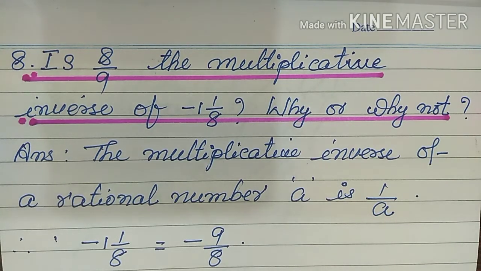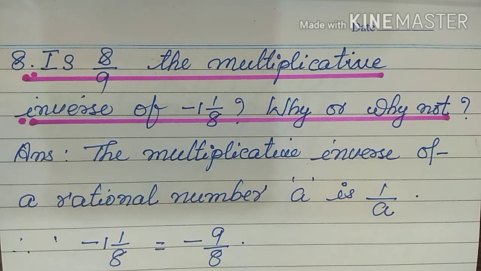Multiplicative inverse is also called reciprocal. It is nothing but the inverse of the given rational number. For example, if a is a rational number, its multiplicative inverse is 1 by a. A can be written as a by 1. Every number has a denominator 1.